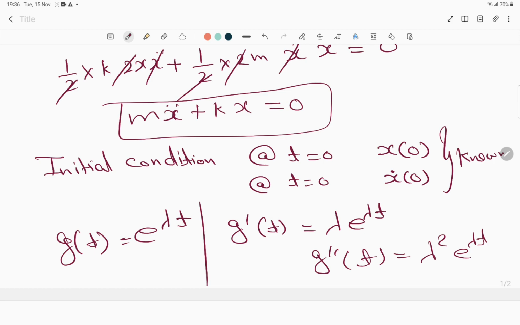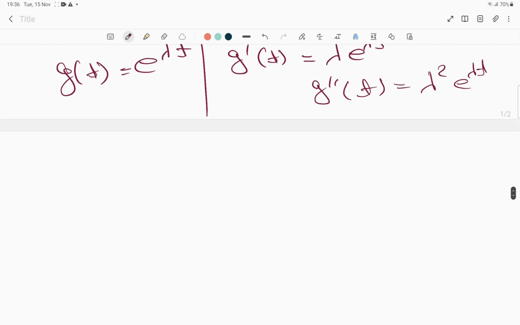Because you are getting this e power lambda t again and again in differentiation, this could be a good way of solving it. That is what you can directly see from the observation. So if I assume that x is nothing but e power lambda t, then I can solve the equation easily. That is the idea.